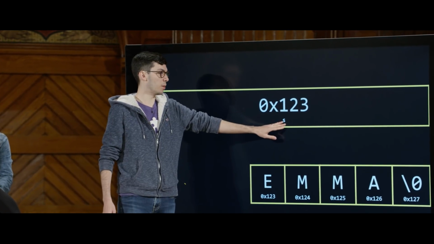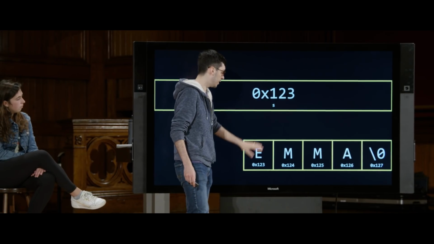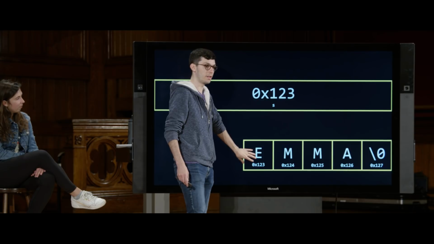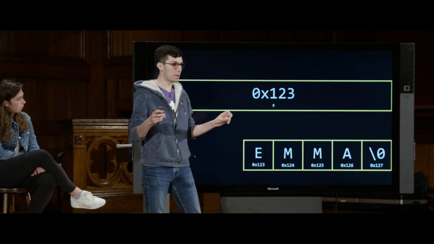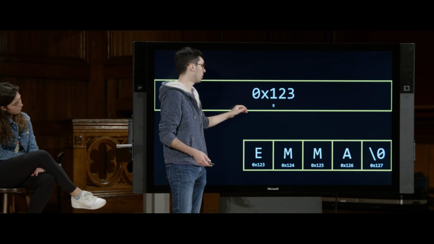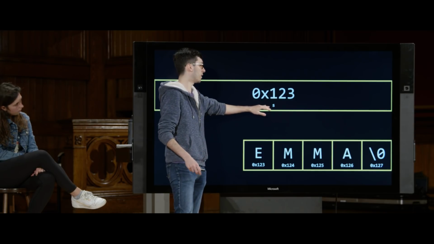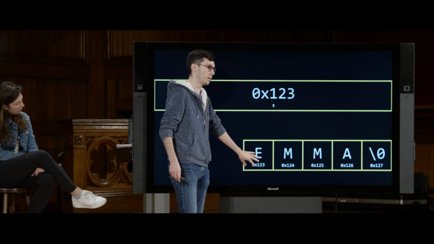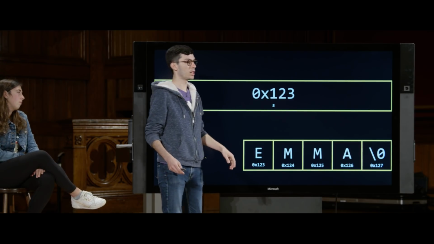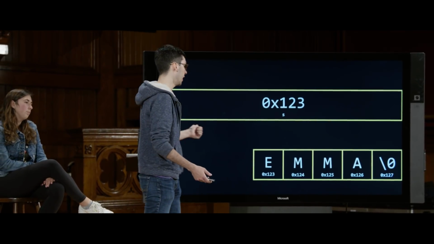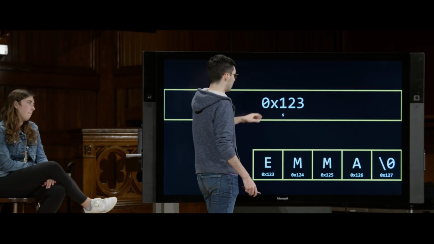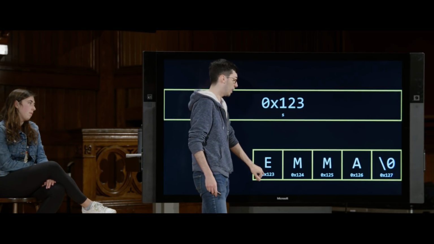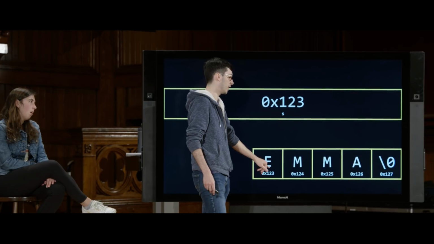A string is just a pointer that holds the address of the first character of the string. So if the string is Emma, and we store it in a string variable called s, what's at s really is the value of the address of E. So that then you can go to that address and you get E back. And if you want to refer to the string at position 0, you just have to go to this address and you see that it's an E.